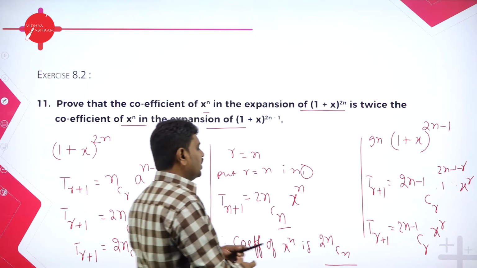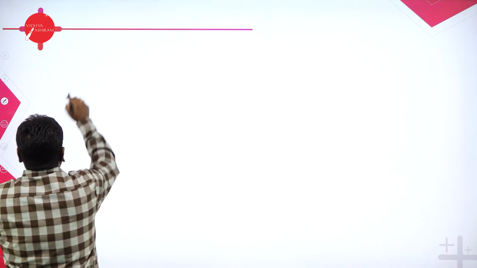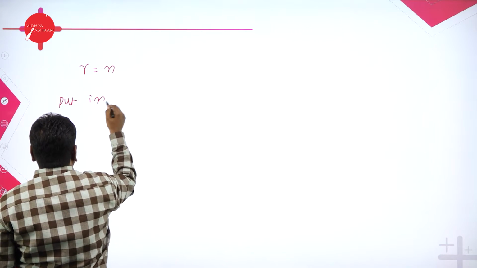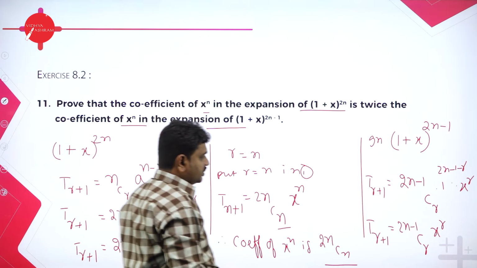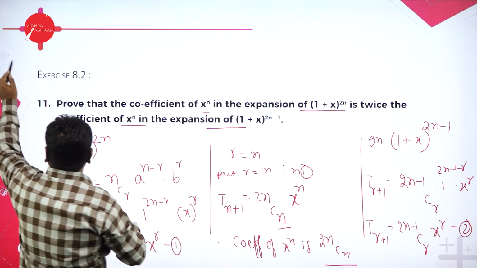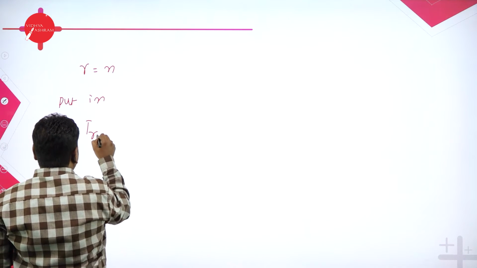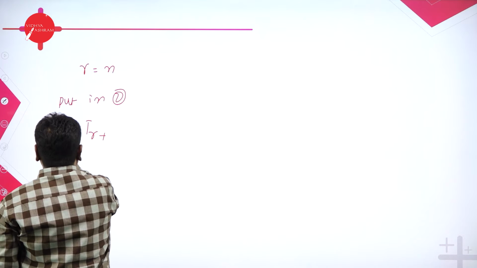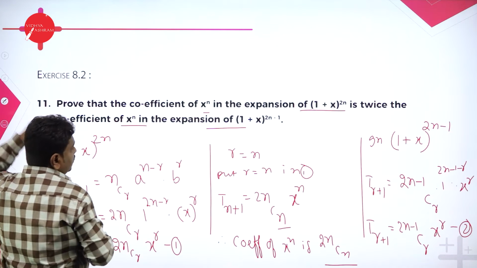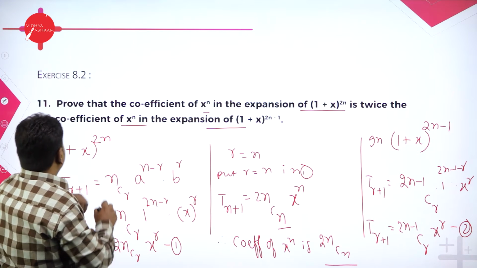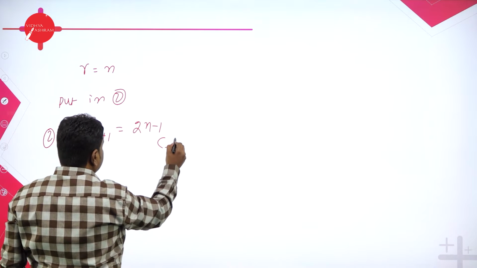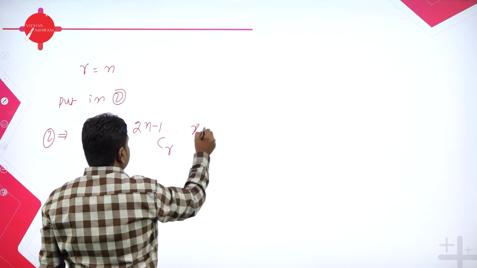And again if I equate r to n, so r is equal to n, put it in the equation. I call this one equation 2. Equation 2 is T_(r+1) is equal to 2n−1 Cr into x^r.